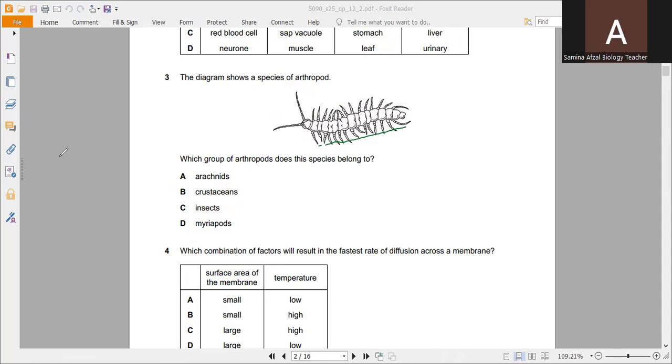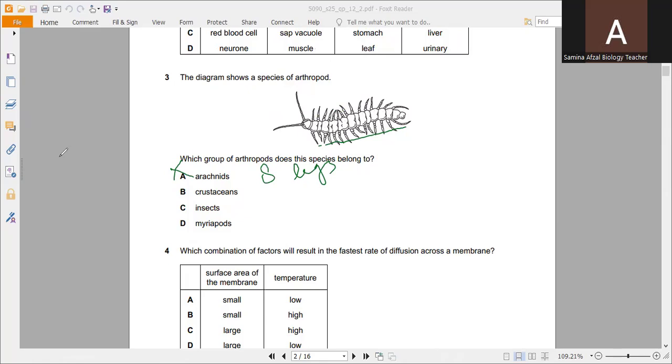First of all, it has a segmented long worm-like body and many segments and many legs as well. Antennas are also present. If we go to the first option, which is arachnid, arachnids have 8 legs and 2 body parts. So this is not the correct option.